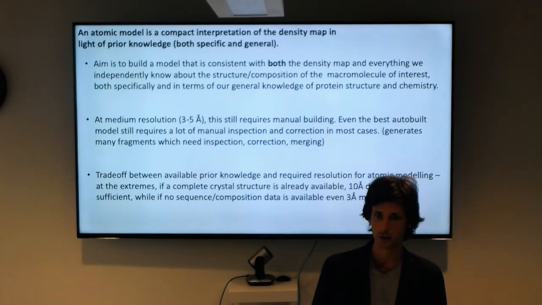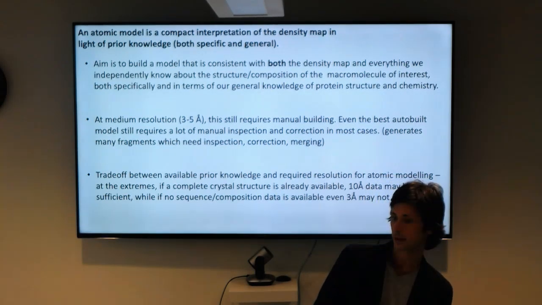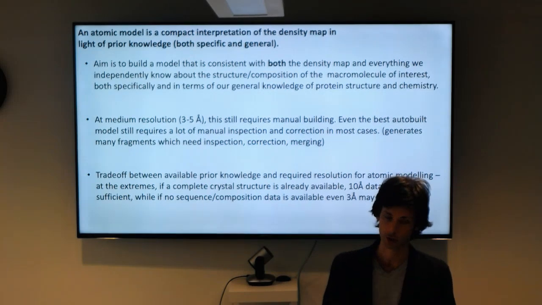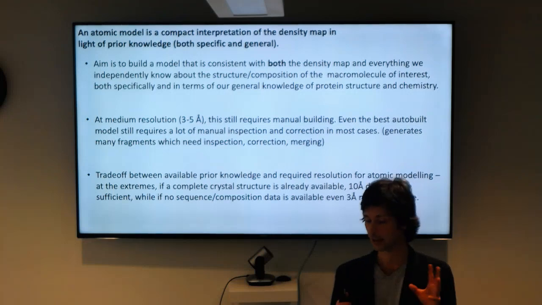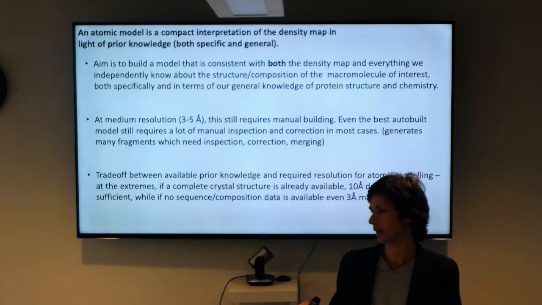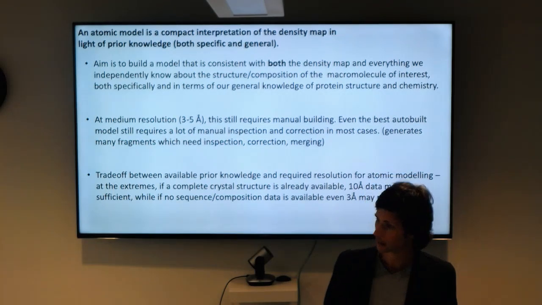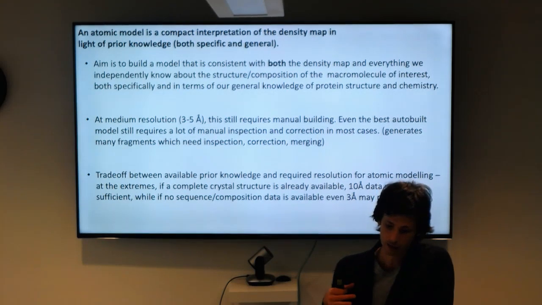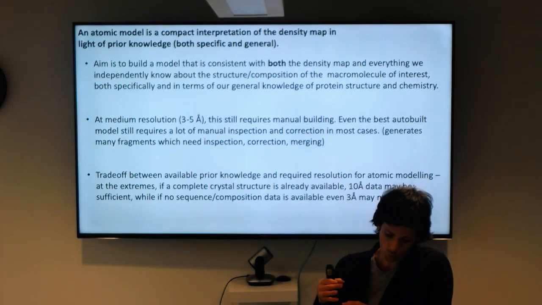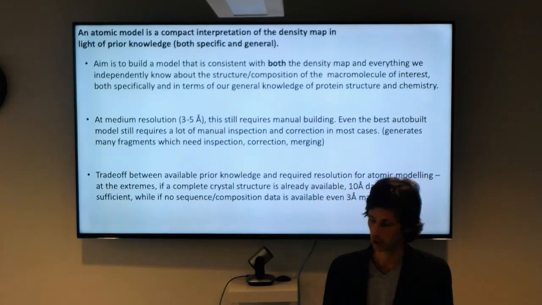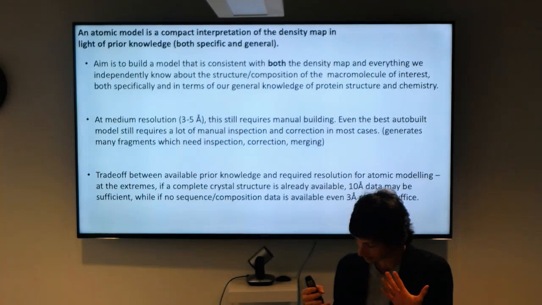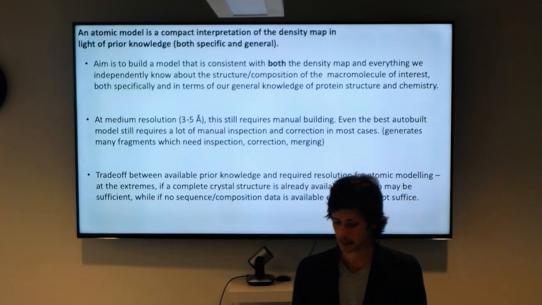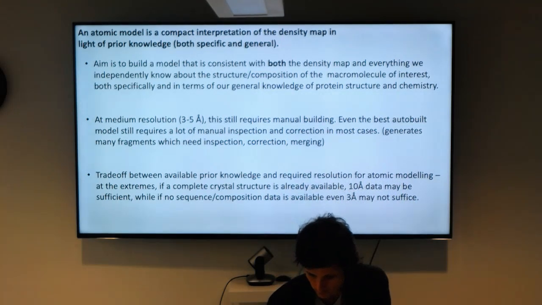And likewise, if you have a 1.5 or let's say 1.3 angstrom map and no knowledge of the protein sequence, well, actually even there are ambiguities, but you would almost be able to fit your structure without any prior knowledge whatsoever. But usually we're dealing with something in the middle, and you need to figure out to what extent you can build a model that is a unique model that fits both the density and your prior knowledge.